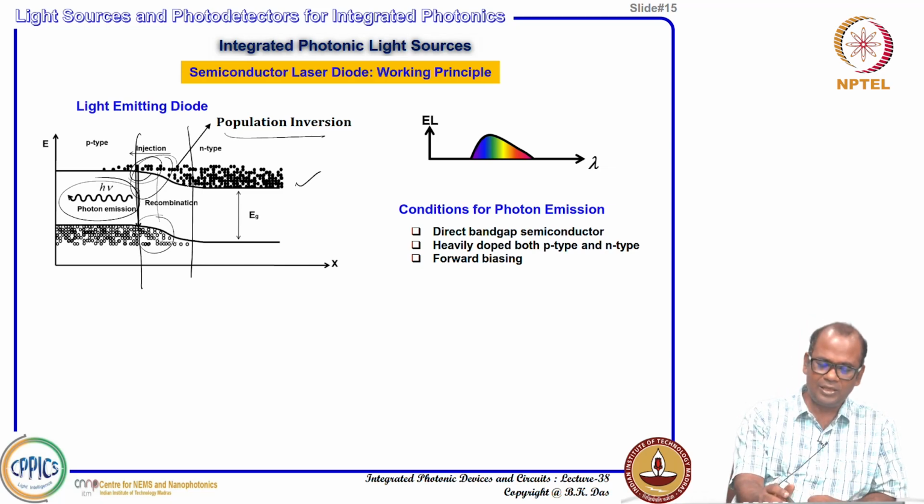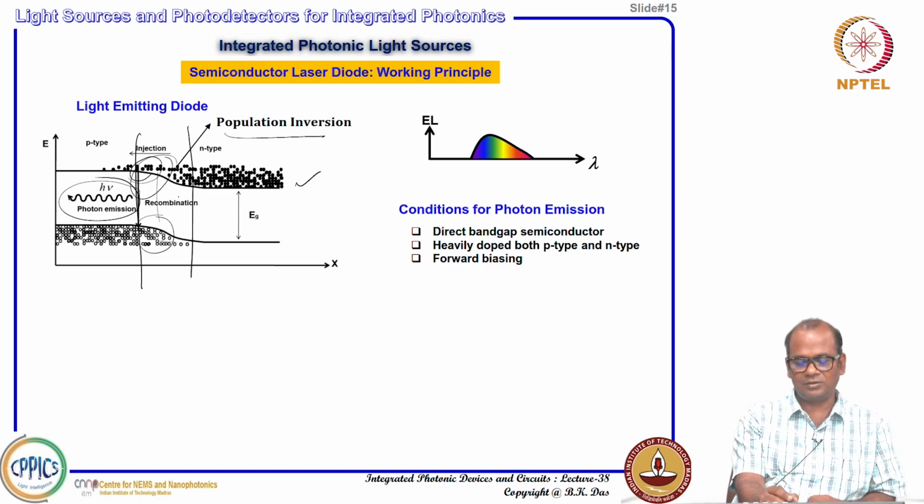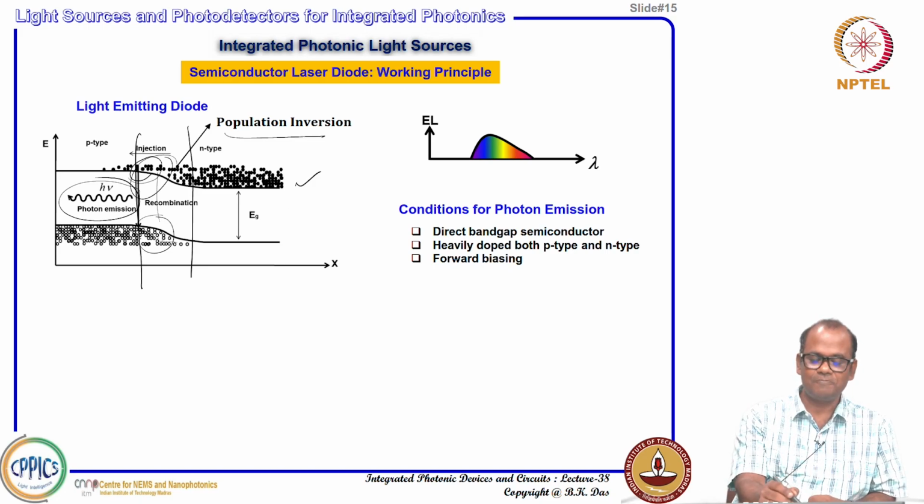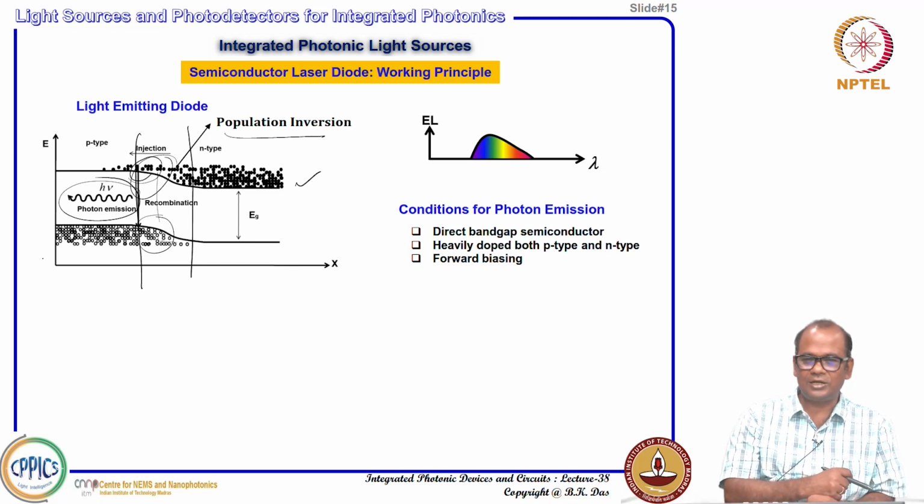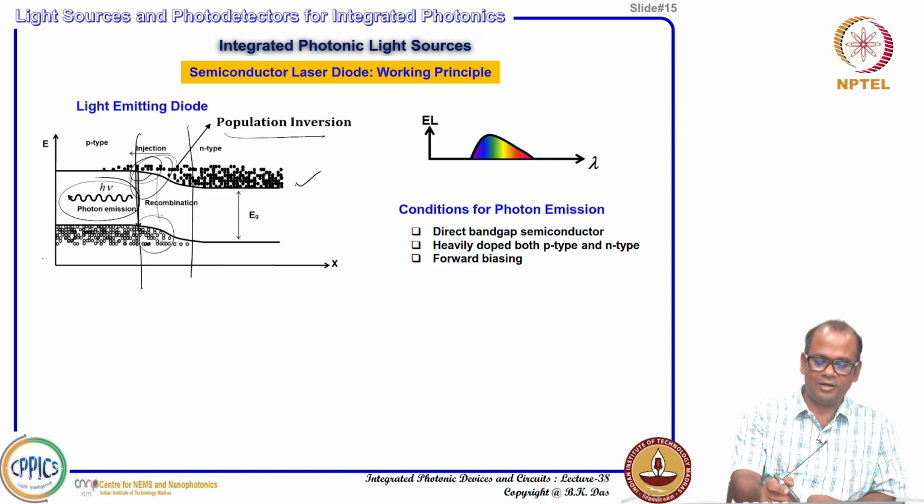Okay. But one thing is that it is not that you create population inversion in the depletion region because of the forward bias, and photons will always come out. In the next lecture I will show that it is not always true that if you just give a forward bias, even if it is degenerate and heavily doped, electrons will recombine with the hole and emit a photon.